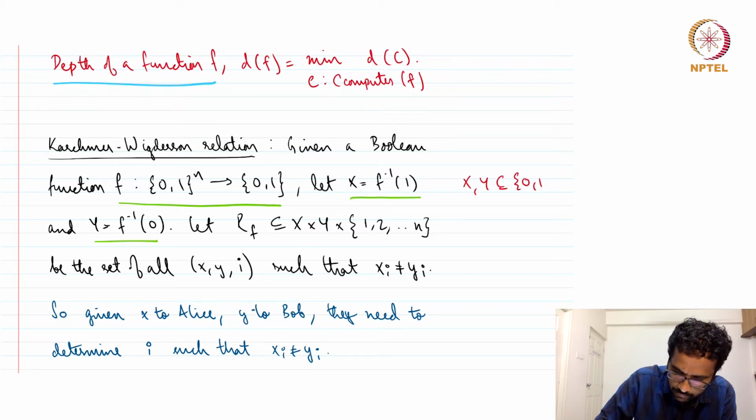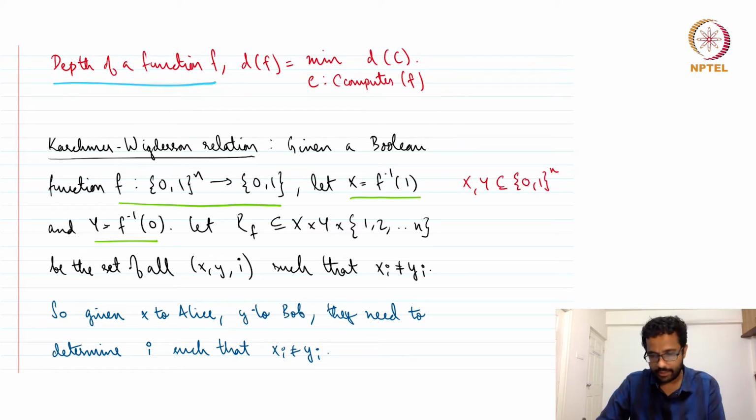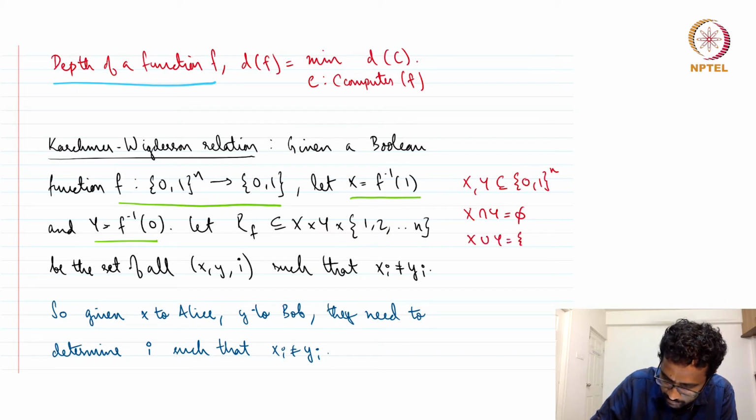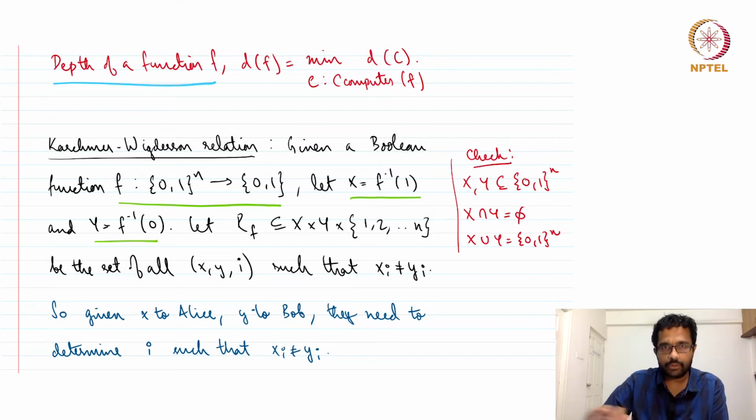In fact, they are disjoint, because for a specific string, either f(x) is 0 or f(x) is 1, and every small x is either in capital X or capital Y. So it's a partition. X intersection Y is the empty set, and X union Y is {0,1}^n. You can check all this, just to make sure that you understood this correctly.